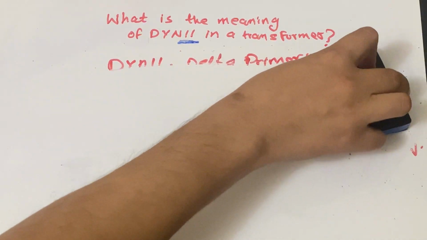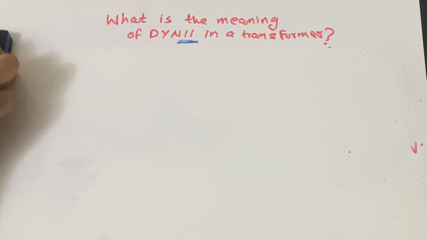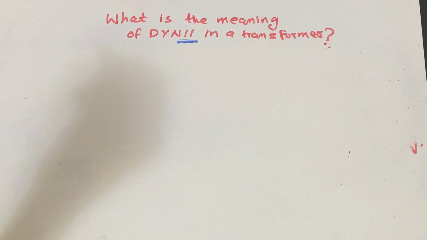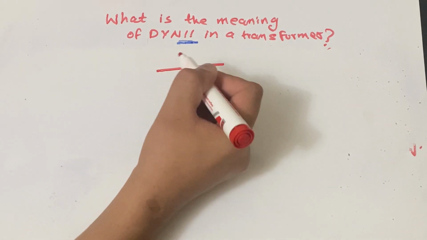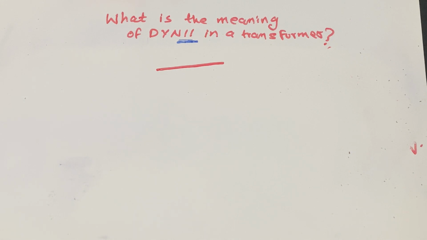So now I will explain. First of all, you have to take any reference. This is a phasor diagram. We have studied these in detail, so I think you have studied also. If you haven't studied, then it is not rocket science. It is too much simple.